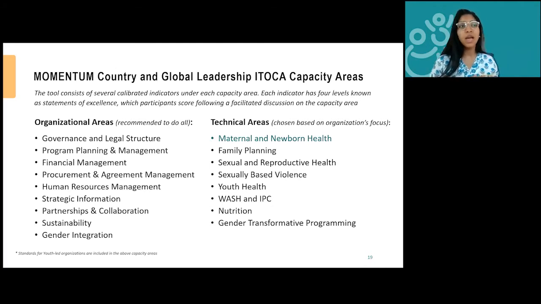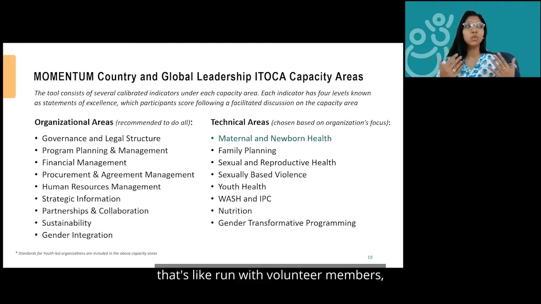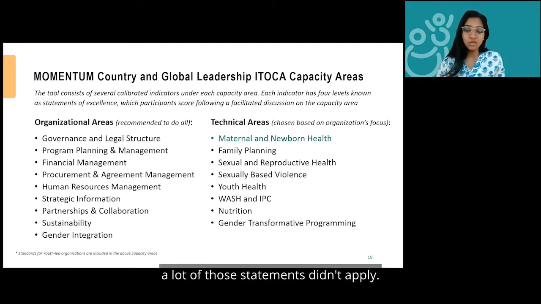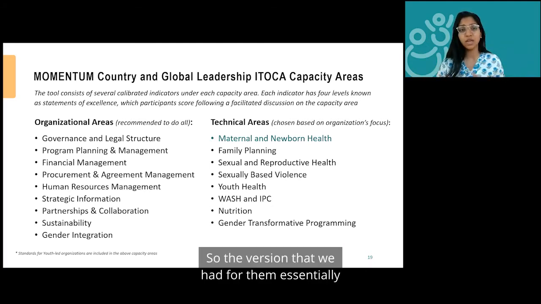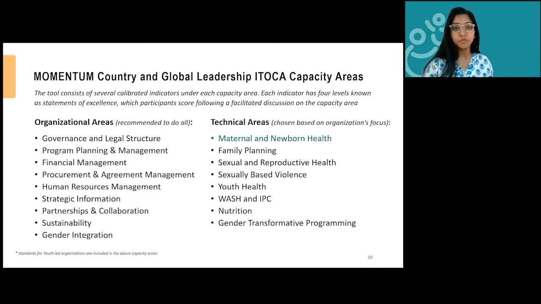And because they are a professional association run with volunteer members, a lot of those statements didn't apply, so it didn't make sense for them to score themselves against that. So the version that we had for them was essentially a pared down version of the ITOCA tool with the indicators and statements that were most relevant to the CRMA.